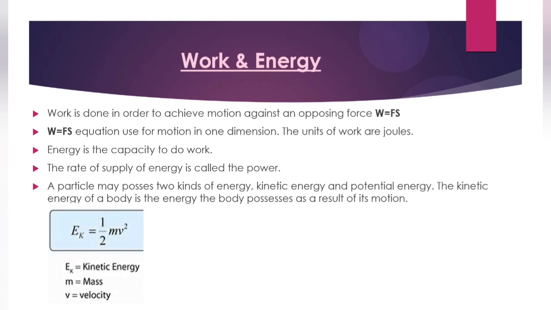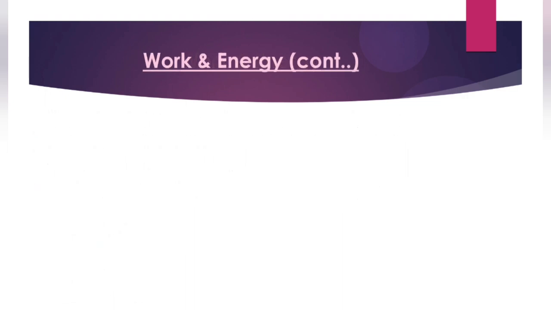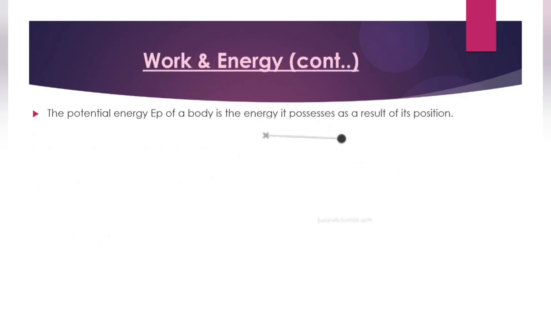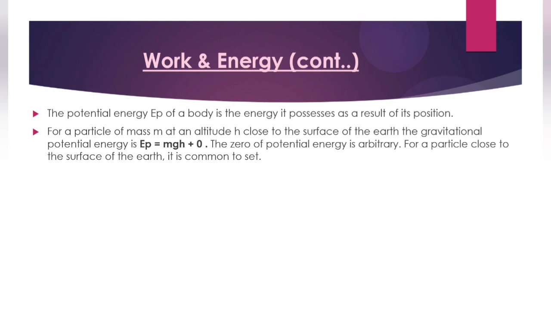The potential energy Ep of a body is the energy it possesses as a result of its position, because the work that a particle can do when it is stationary in a given location is equal to the work that had to be done to bring it there. No universal expression for the potential energy can be given because it depends on the type of force the body experiences.